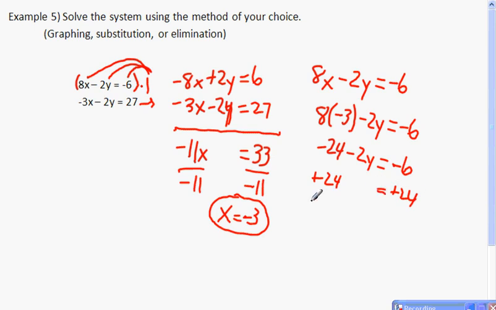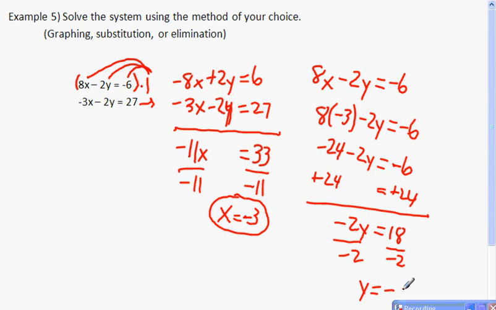Add 24 to both sides. And we come up with negative 2y equals negative 6 plus 24 is a positive 18. Divide both sides by negative 2.